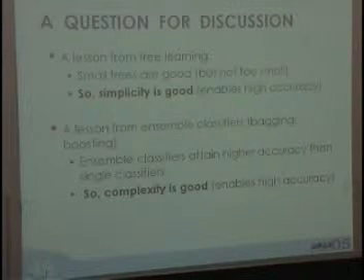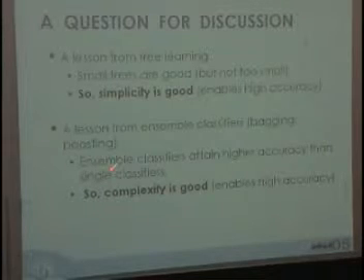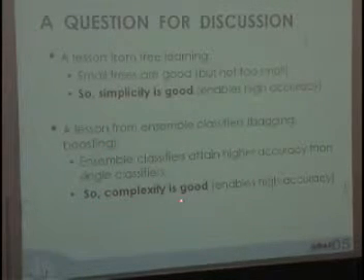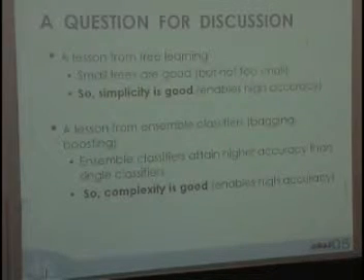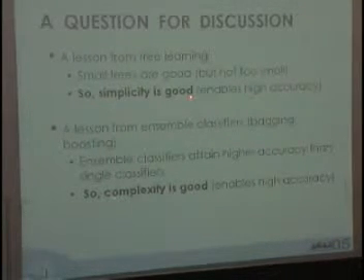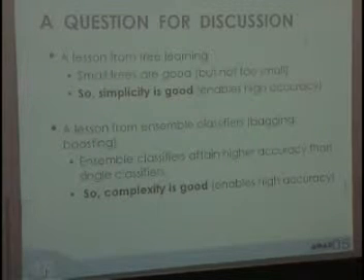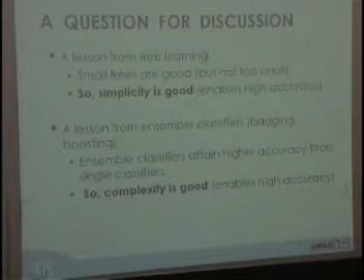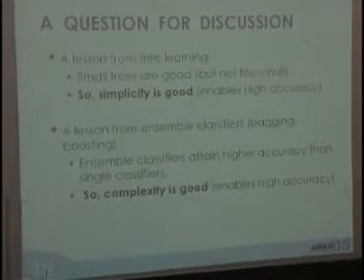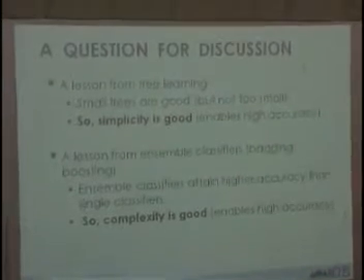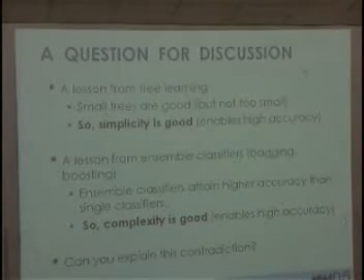So the conclusion from this work is that complexity is good because it enables high accuracy. So here we have simplicity is good, and here we have complexity is good, because they both enable high accuracy, which looks to me like a kind of contradiction. And if you haven't been aware of it so far, maybe can you try to explain it now?